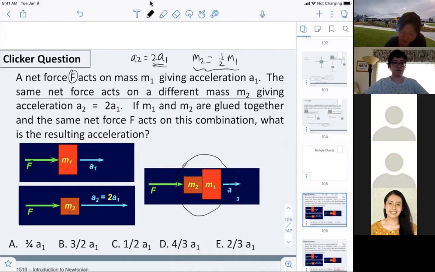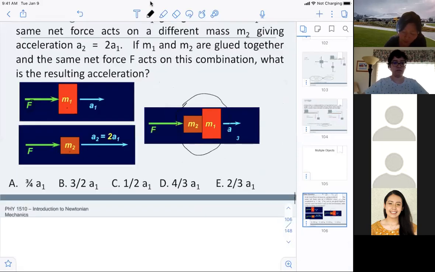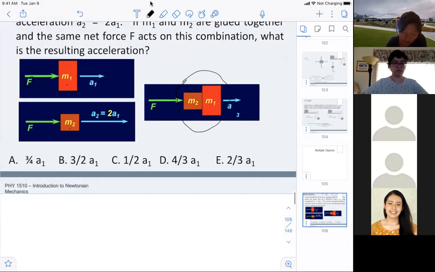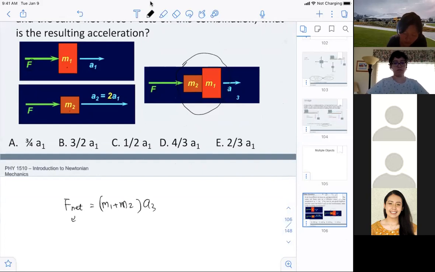Okay, so we don't have time to do breakout room, so I'm going to solve this for you guys. So let's just apply Newton's second law on the third situation where F, the total force, is acting on M1 and M2 together, giving a third different kind of acceleration. The force is still the same force, M1 plus M2 times A3.